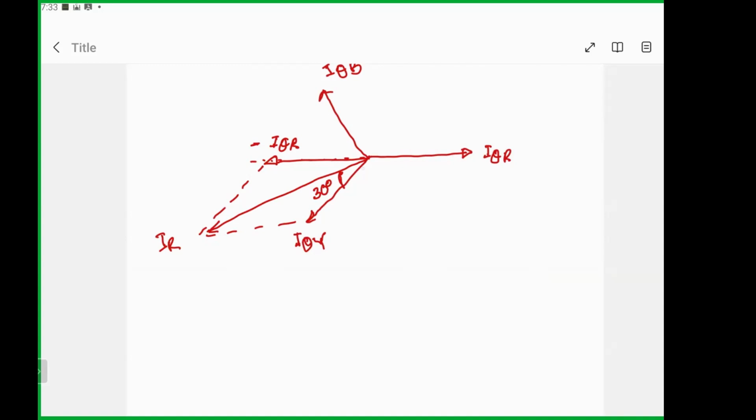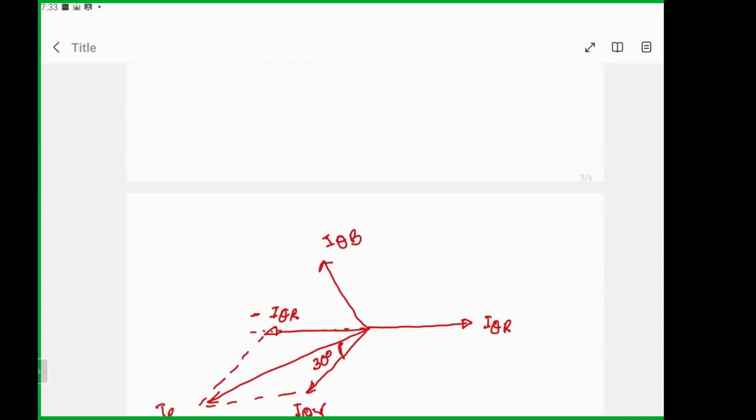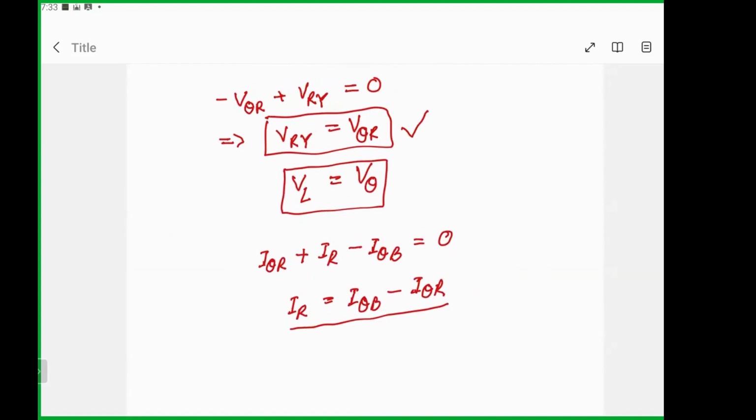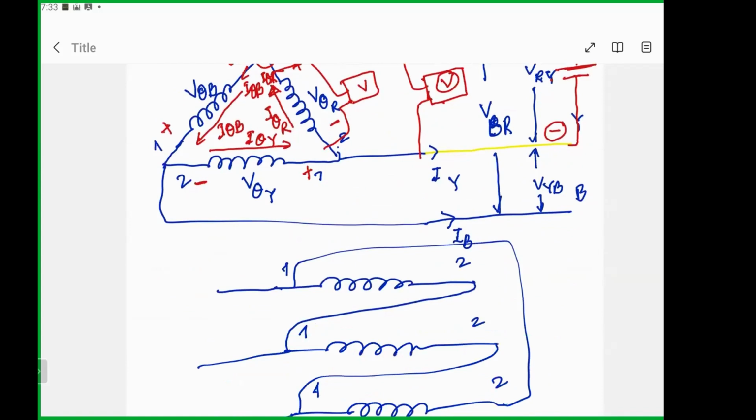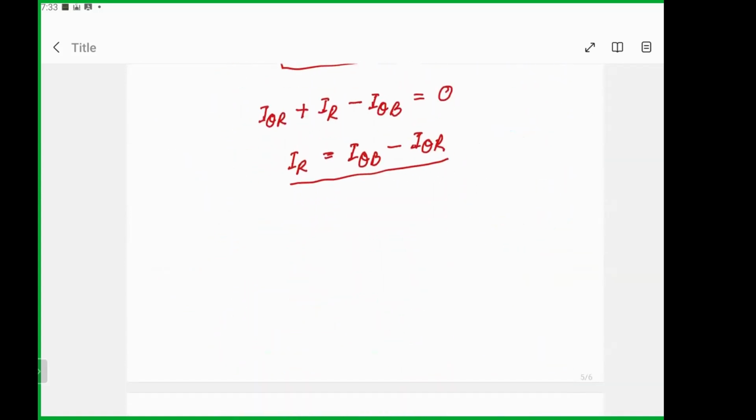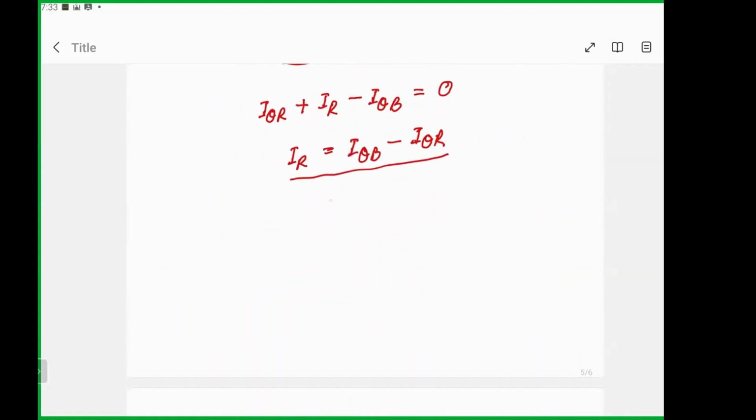This is 60 degrees, both of them are the same, so that makes 30 degrees. This will be the relation between these two currents. If you do all this calculation, you will find the final result is equal to square root of 3 times I theta R.